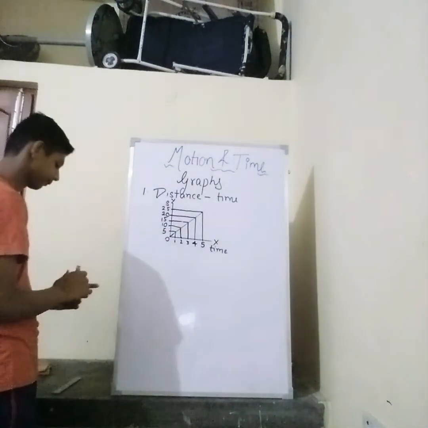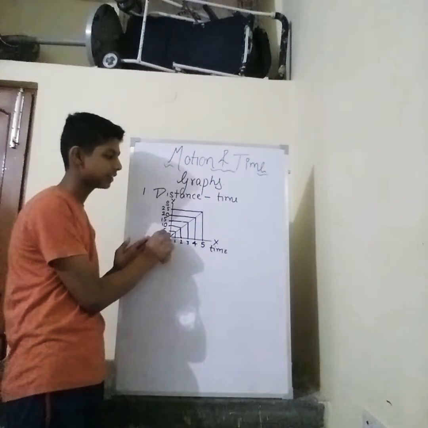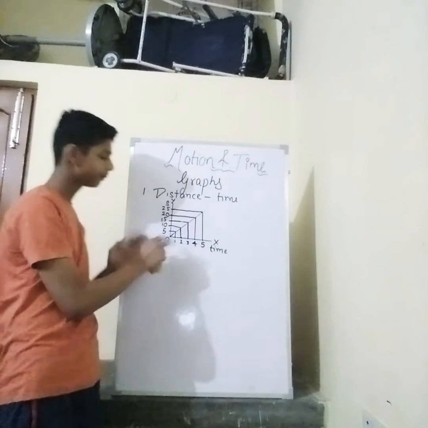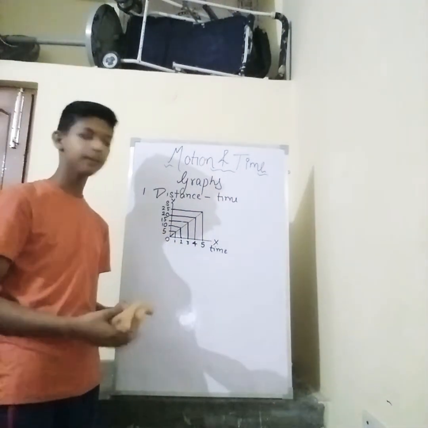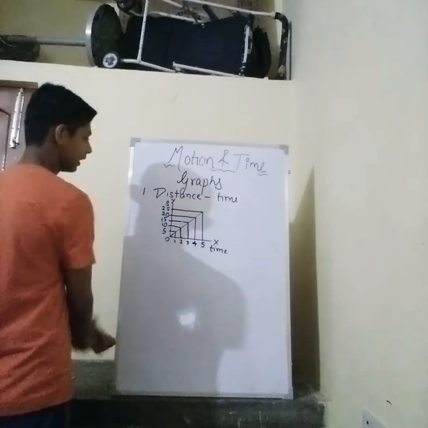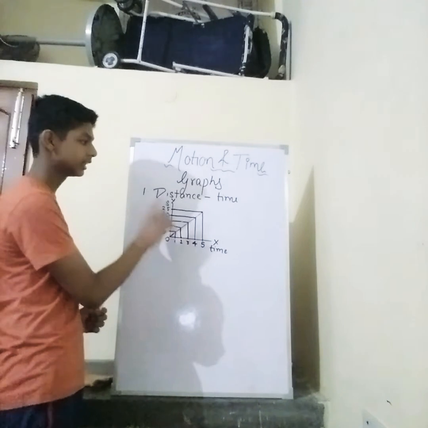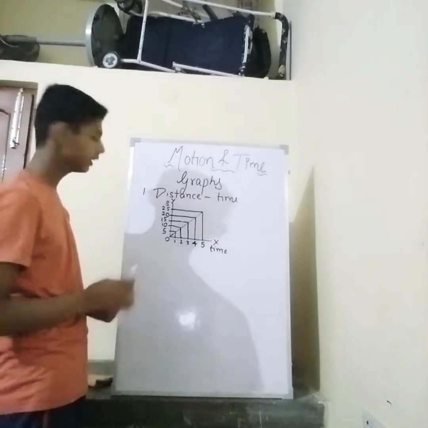So we have seen that if the slope of the distance time graph is a straight line like this, then it will travel with uniform speed. And the slope of the distance time graph gives the magnitude of speed.